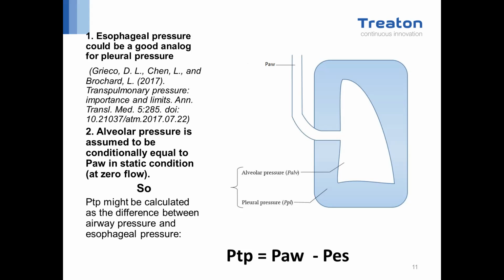There is evidence that esophageal pressure is a good analog for pleural pressure, and alveolar pressure is assumed to be conditionally equal to airway pressure. So, transpulmonary pressure might be calculated as the difference between airway pressure and esophageal pressure.